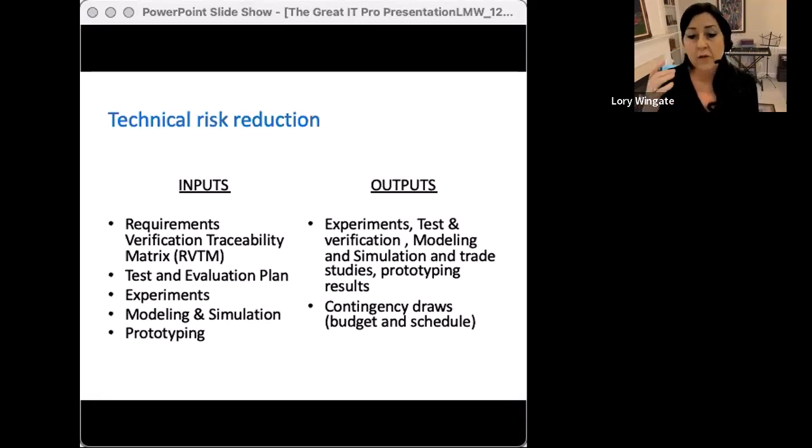Test controls generally are in place to ensure that both real and simulated components, parts, subsystems, the system being tested, any of that meet the expected performance specifications and tolerance levels and contain the appropriate attributes within controlled conditions. So anything you do in this area of technical risk reduction is going to reflect and be documented on your RVTM, your Requirements Verification Traceability Matrix.